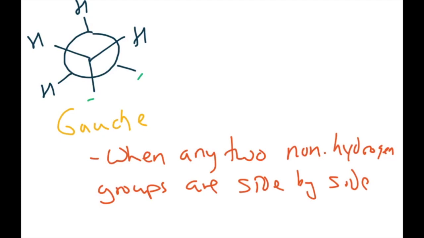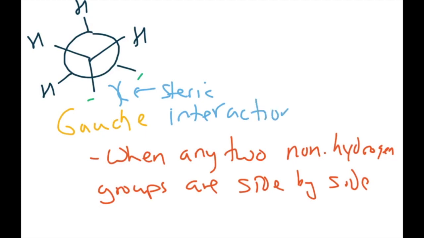When they are beside each other, we get a steric interaction. Hydrogens are small. They can be side by side and not bang into each other; they only bang into each other when they're right on top of each other. For gauche interactions, methyl groups are way bigger, a carbon with hydrogens sticking off of them. So they're big enough that when they're side by side, they bang into each other.